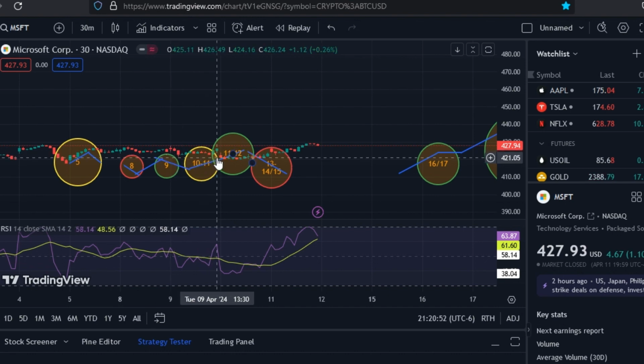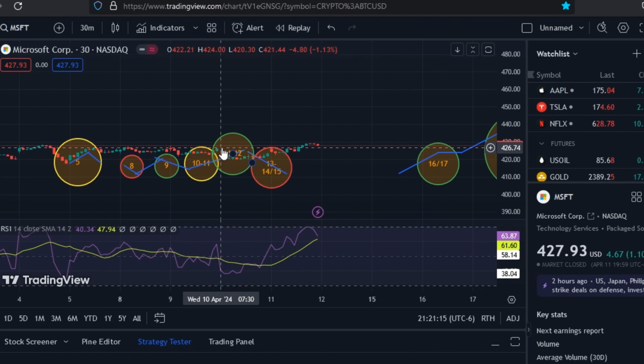So again, this is another green circle. Yes, it was correct, but it behaved more like a yellow circle because there's not much of a big uptrend on that day. So that's for April 8th and April 9.